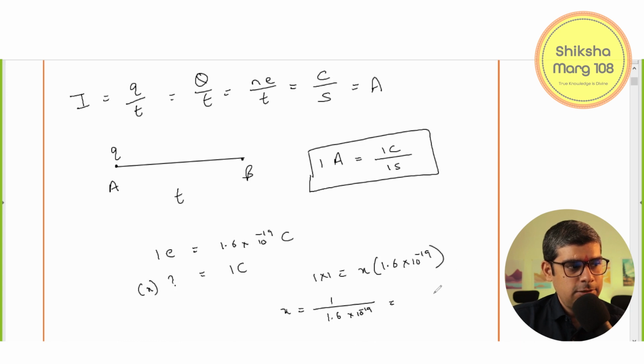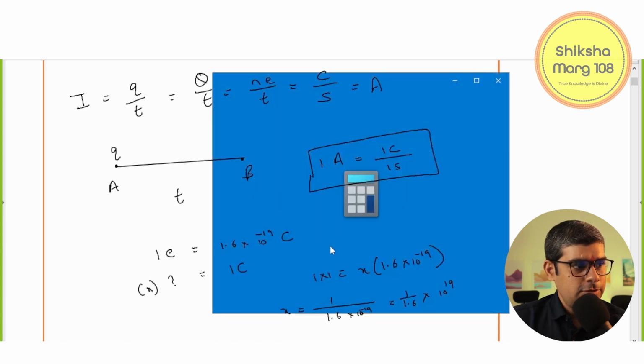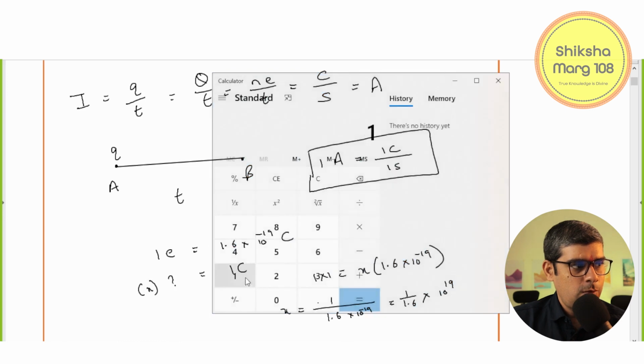10 raised to minus 19 goes up, it becomes 10 raised to plus 19, and we have 1 upon 1.6. So I'm just going to open my calculator and see how the calculation works out. So this is going to be 1 divided by 1.6.